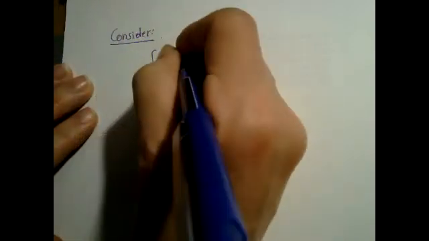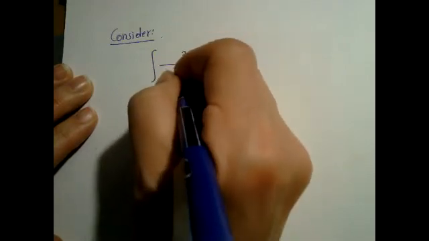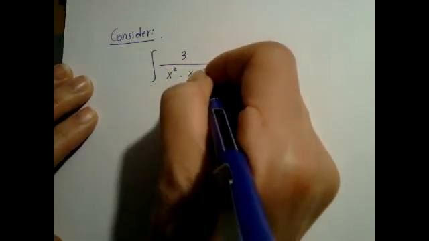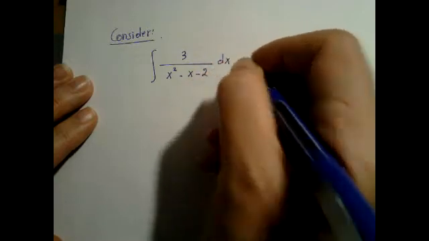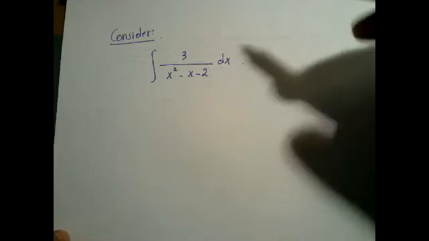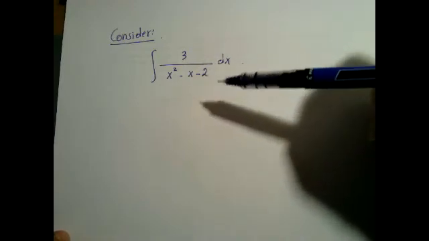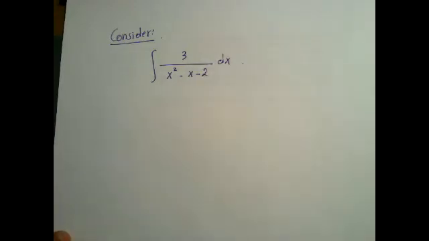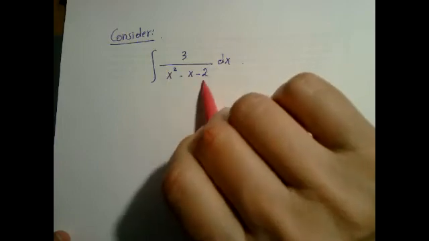Okay, so let us consider the following. Now find the integral of, let us say, 3 over x squared minus x minus 2 dx. Okay, we want to find the antiderivative. That's hard because if I look at it, there's no substitution inside.